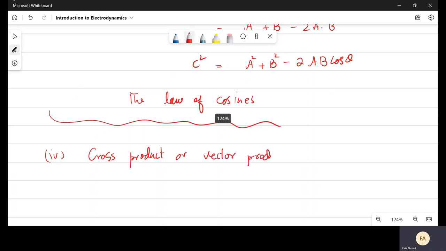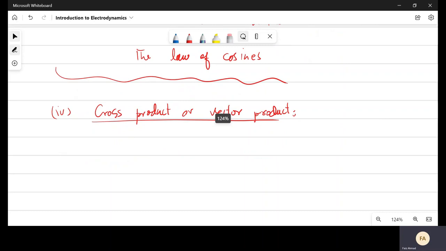Dot product is a scalar product, but cross product is a vector product. So the cross product is defined as, we have two vectors A and B, and then the cross product is AB sine theta with n unit vector.